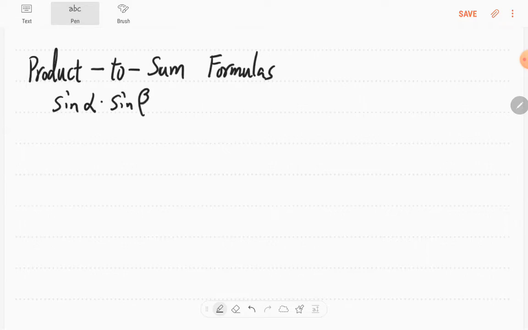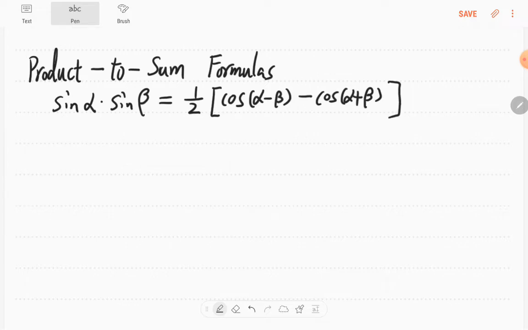We want to change it to be the sum of two trig functions, which is actually 1/2 times cosine alpha minus beta minus cosine alpha plus beta. Okay.